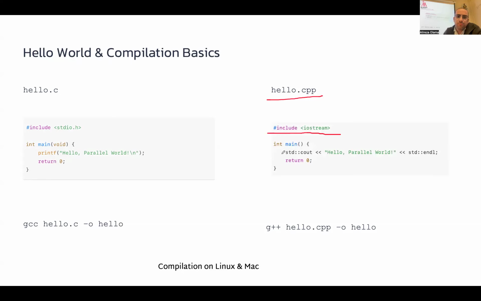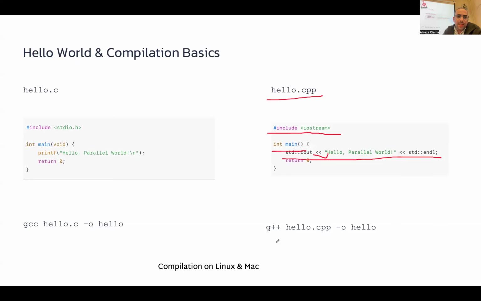Similar to C, you have this main function in C++, and you use this syntax to write on your screen. Basically, you have to use this std, or standard, namespace in your C++ library, which is available in this iostream. Then you use this cout followed by this symbol, and then you can write your string.